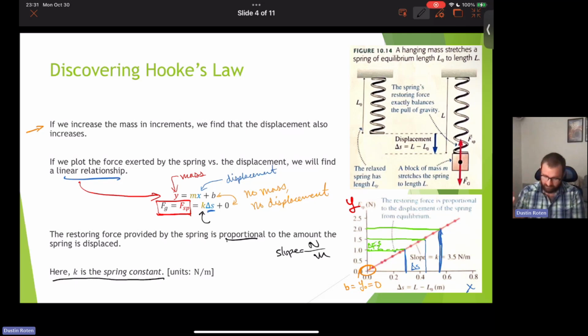The restoring force provided by the spring is proportional to the amount the spring is displaced. So all of this is K, and this is just our slope. That's the relationship between the two, and we call that the spring constant.